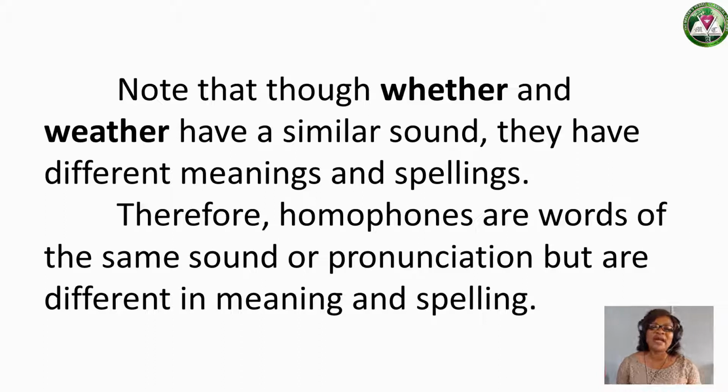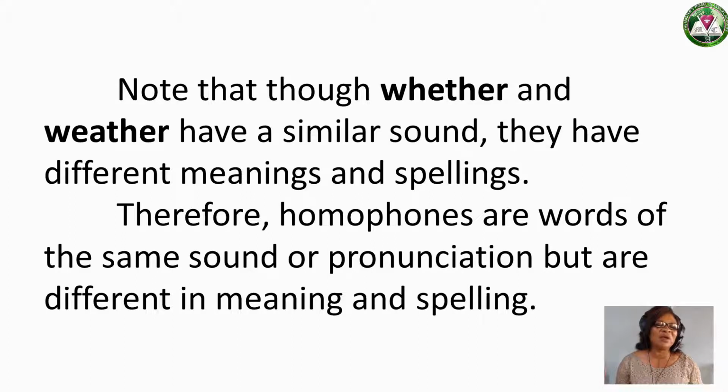The first one, W-H-E-T-H-E-R, whether, is a conjunction which is used to express a doubt or choice between two possibilities. For example, I will see whether you can write or not.